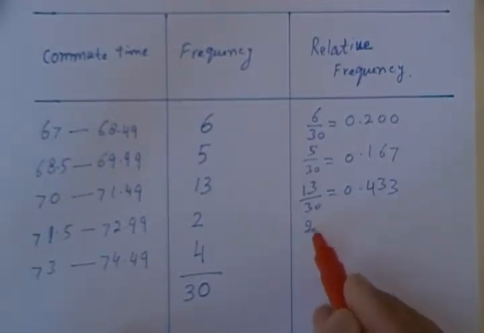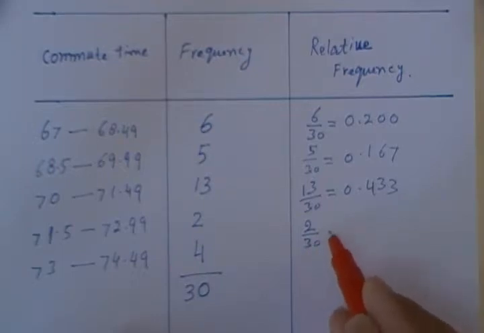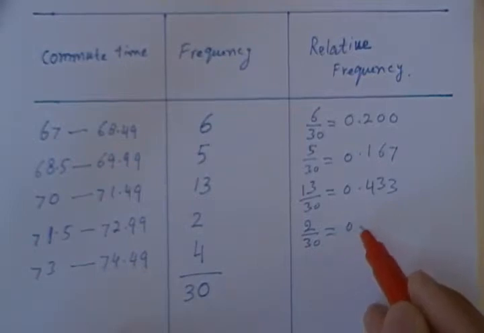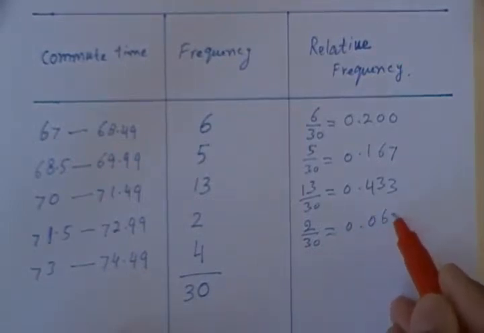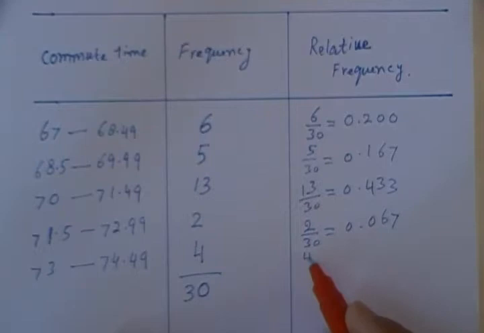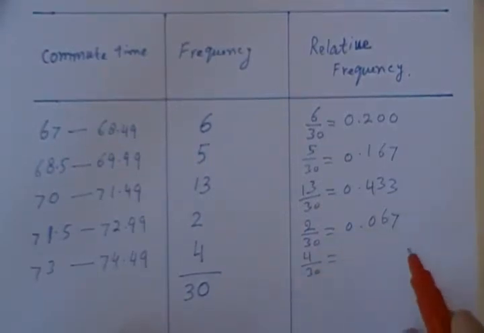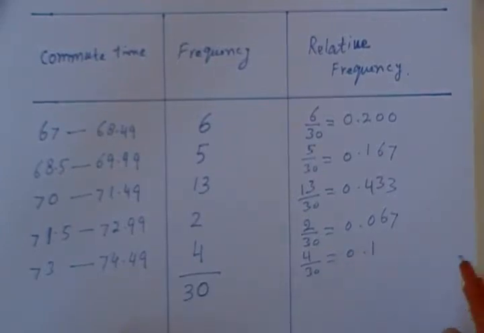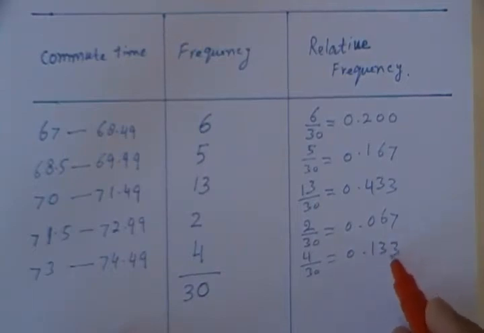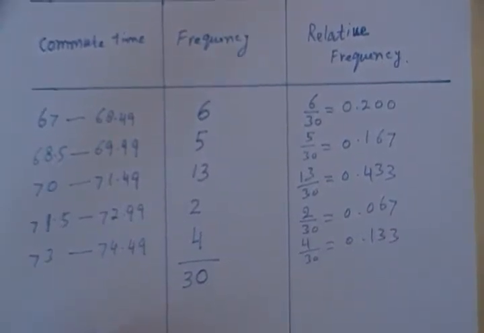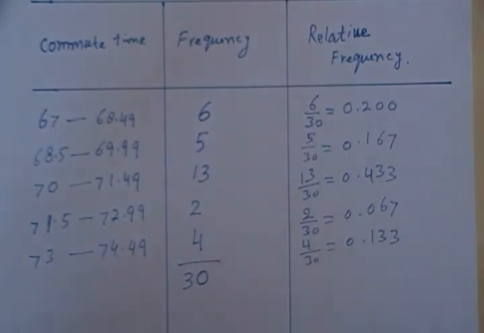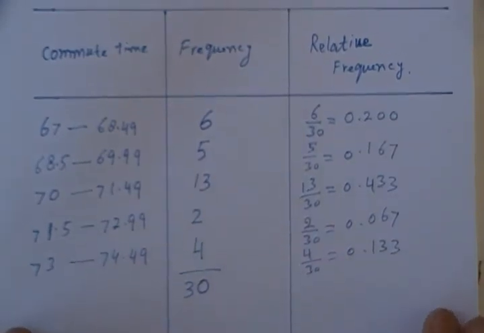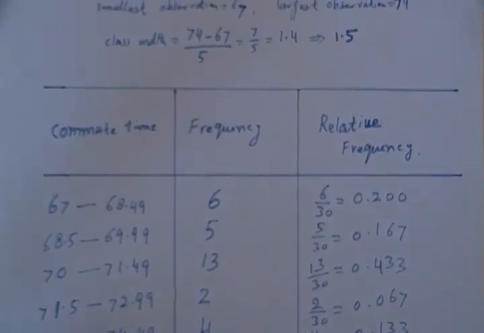The next one is 2 out of 30, which is 0.067, and the last one, 4 out of 30, is 0.133. And this is our frequency and relative frequency distribution for the given data.